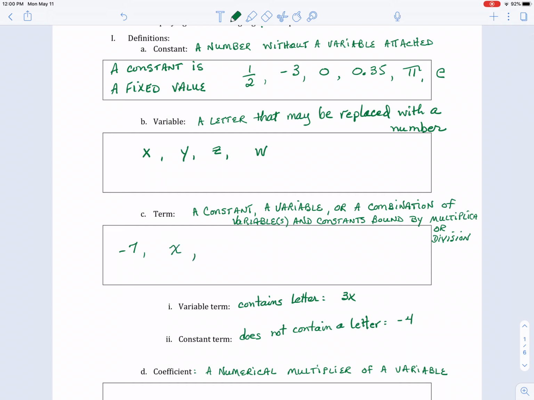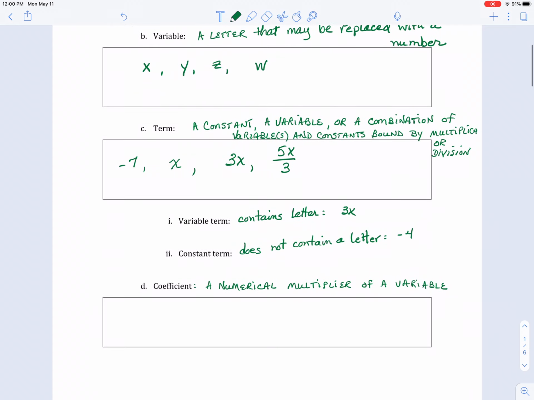Those are two different terms. And more likely, it will be a combination of variable or variables and constants that are bound together with multiplication or division. So those are examples of terms there, and it's going to be important for you to be able to recognize a term.